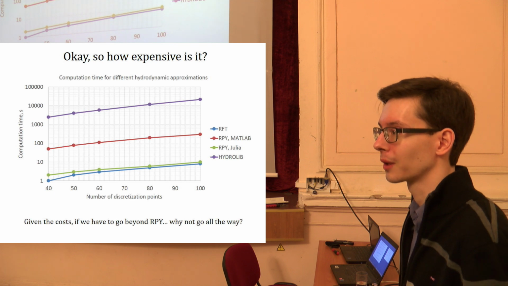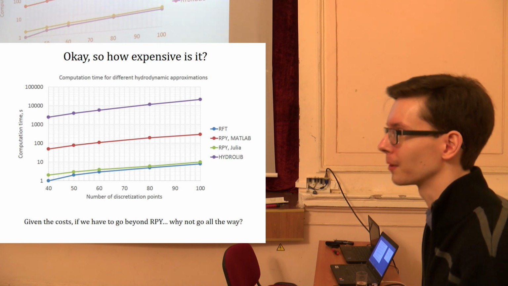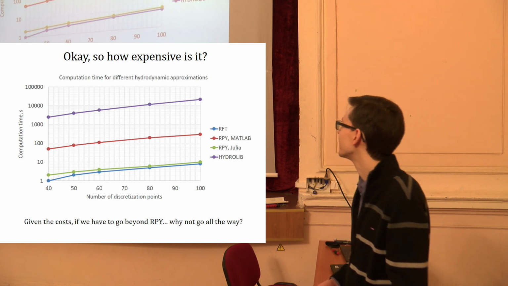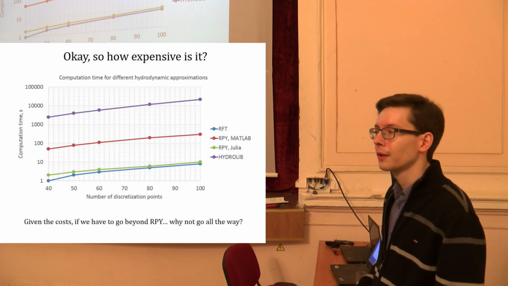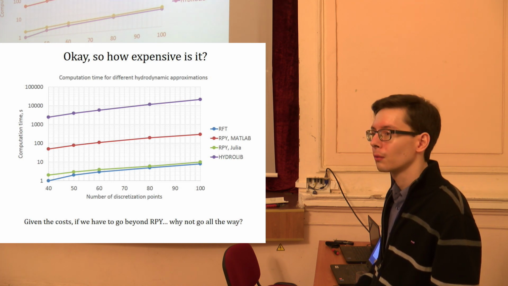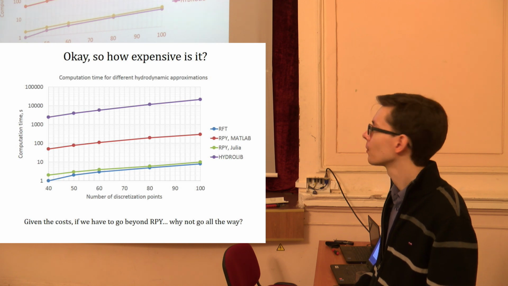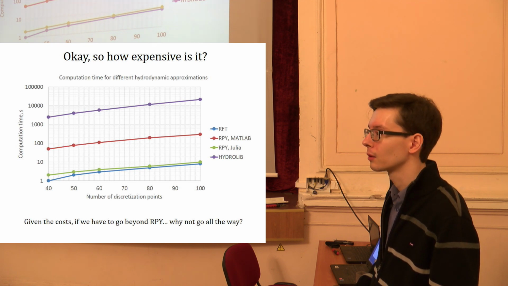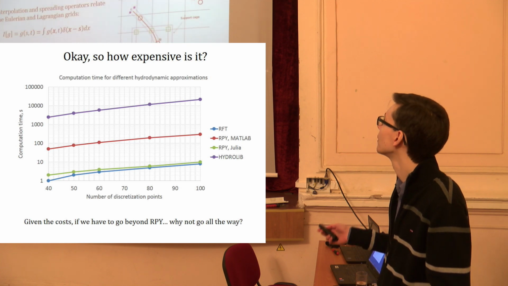We want to model bigger things, we want ensembles of filaments and so on. So clearly some compromises have to be made. But on the other hand, if doing the multipole expansions is so expensive, why not go the whole way and solve the Stokes or even the Navier-Stokes equations directly? Could that perhaps be more advantageous?